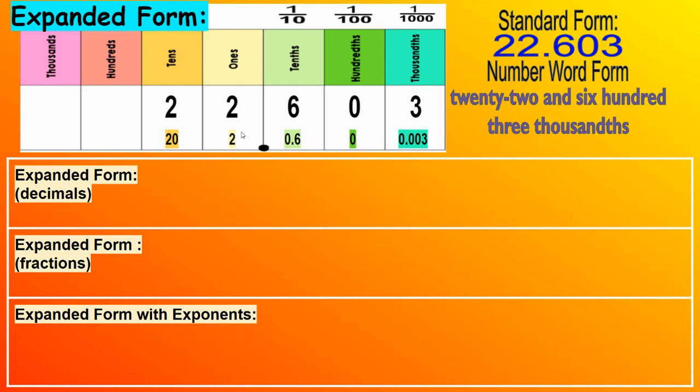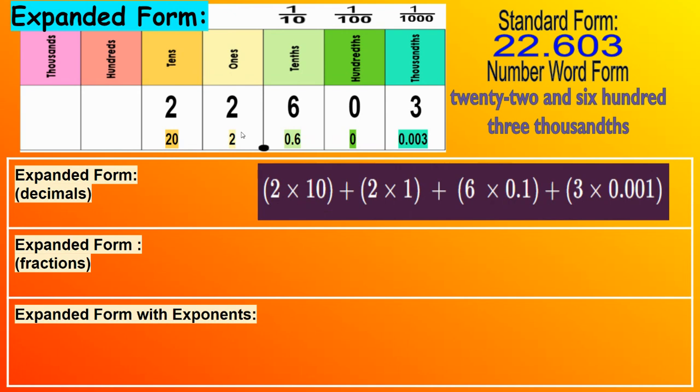22 and 603 thousandths. In expanded form with decimals, it would be 2 times 10 plus 2 1s, so 2 times 1, plus 6 tenths, so 6 times 1/10, plus 3 times 1/1,000.